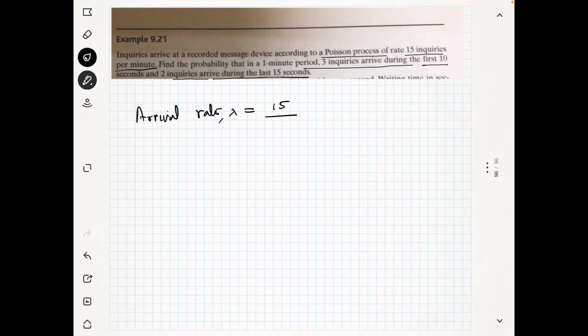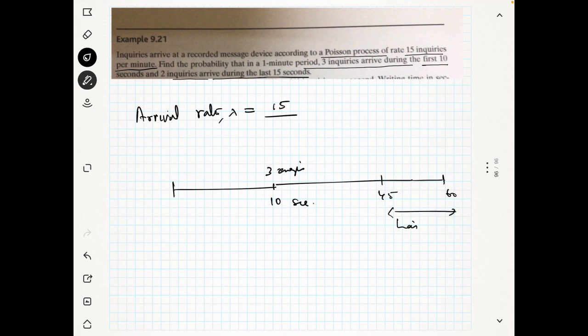That means in the first 10 seconds you have 3 arrivals, and in the last 15 seconds, that means since this is 60, starting from 45, you have 2 inquiries.